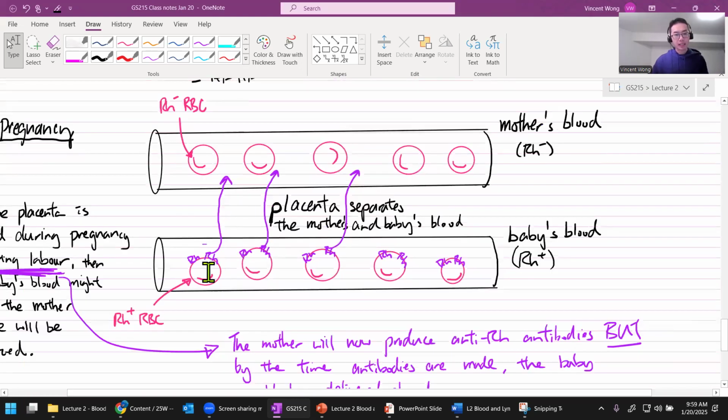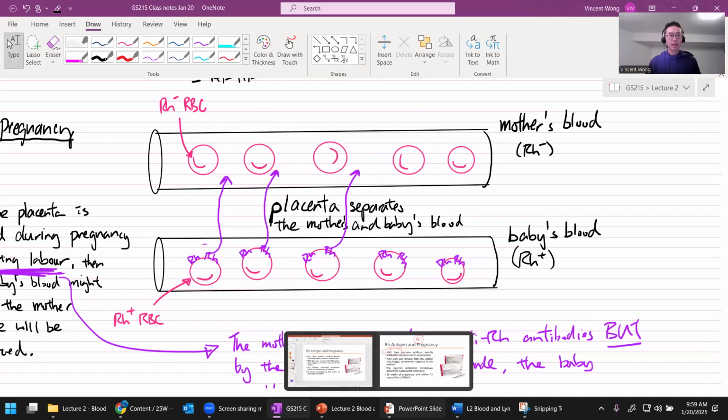If the placenta is damaged and the baby's cells go into the mother, the RhoGAM that we inject into the mother, these artificial antibodies, will attack the incoming cells and destroy all of them before the positive cells trigger her immune system. That way she remains unexposed. It clears all the baby cells in the mother before it activates her immune system. So that's how you prevent sensitization.